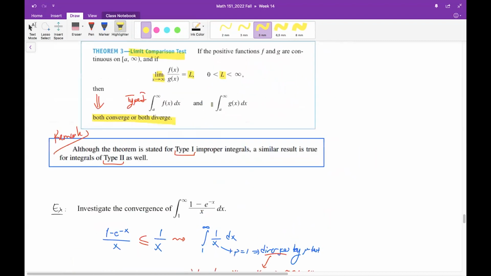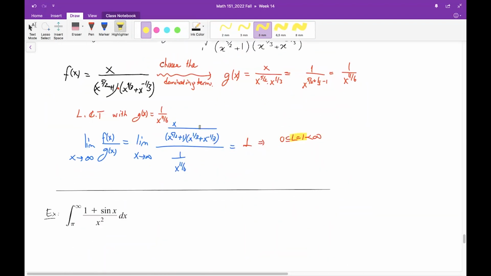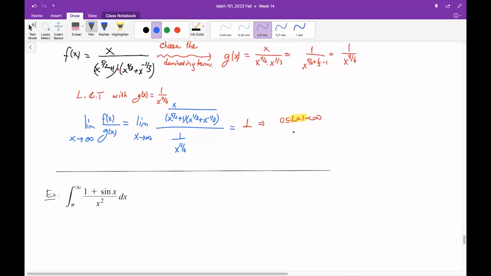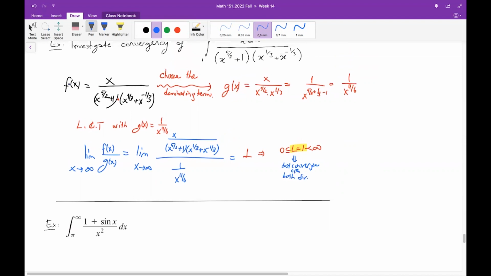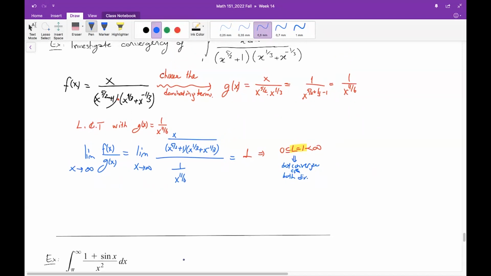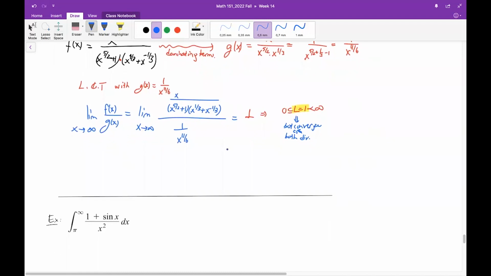This fits the structure here. That's why you can use the conclusion of the limit comparison test now, which is that they both converge or both diverge. So if g of x converges, f of x will converge too. If g of x diverges, f of x will diverge too. That's why we need to understand the behavior of g of x. So from 1 to infinity, 1 over x to the power 11/6. This is a p-type integral where p is 11/6, which is bigger than 1, so it converges.